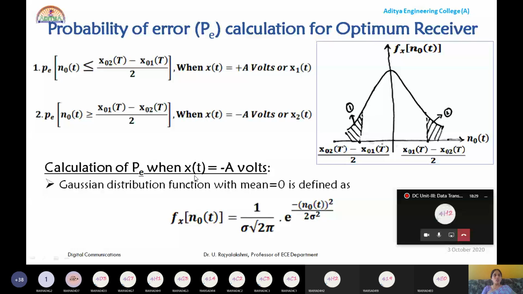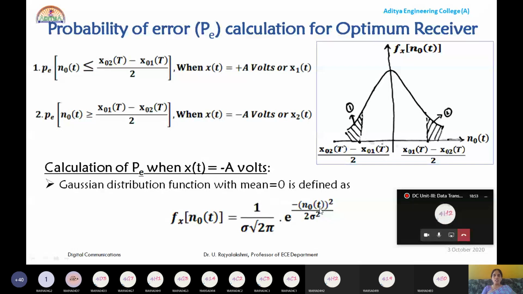Here the Gaussian distribution function with mean 0, already we defined it as f x of n naught of t. Here it is actually f x of the corresponding signal, but here we are estimating the noise. So f x of n naught of t is equal to 1 by sigma root 2 pi, into e power minus of x minus m.